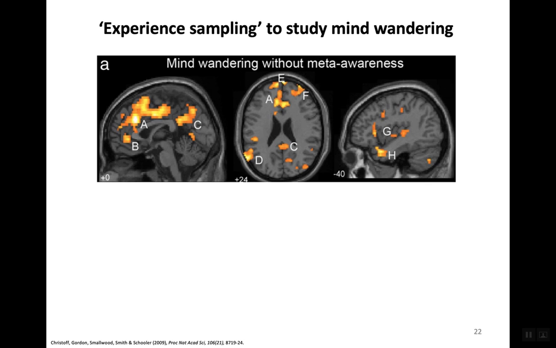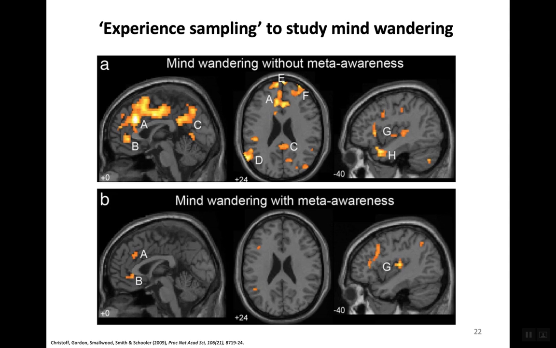What comes as a bit of a surprise is the fact that this is what we see when we mind wander without meta-awareness, when we mind wander but we don't realize that we are actually mind wandering.